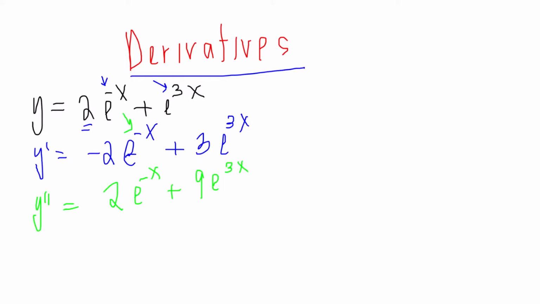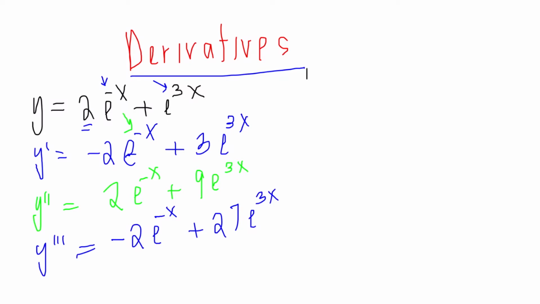So if you want to continue finding the y triple prime or the third derivative, you just do the same thing. Let's say this is our third derivative, so we will just multiply that negative 1 with 2, it becomes negative 2 e power negative x plus 3 times 9, 27 e power 3x, and so on and so forth.